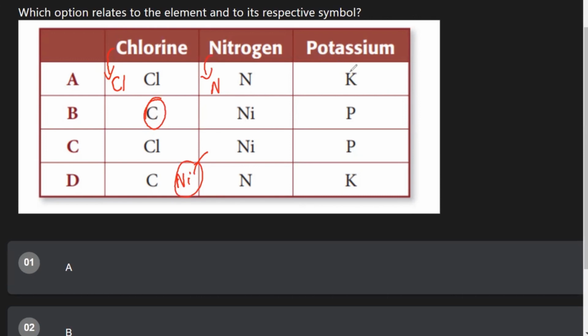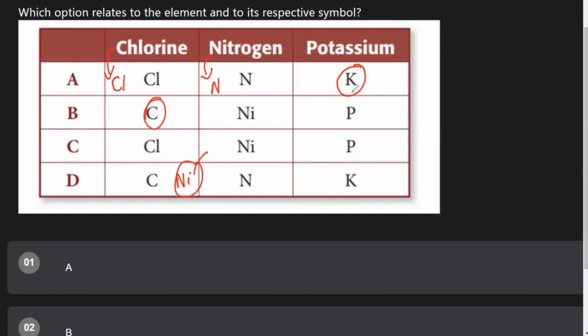Then we have potassium. Now, potassium, although it starts with the letter P, was found much before, and it was not named potassium, it was named kalium in Latin. So instead of having the English letter P, potassium got its symbol from its Latin name, kalium.